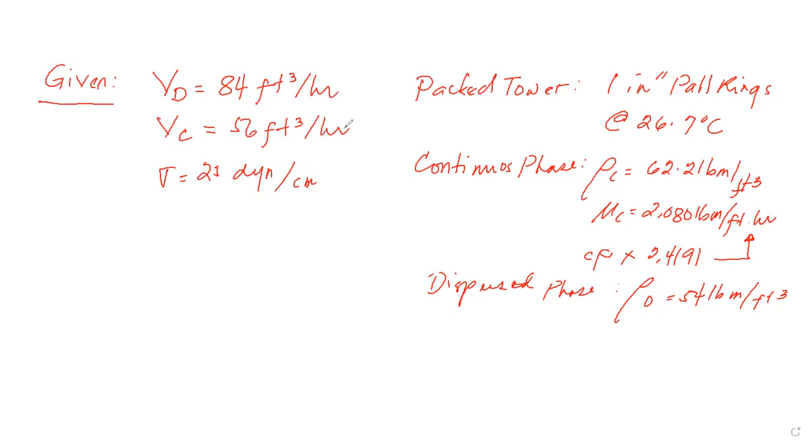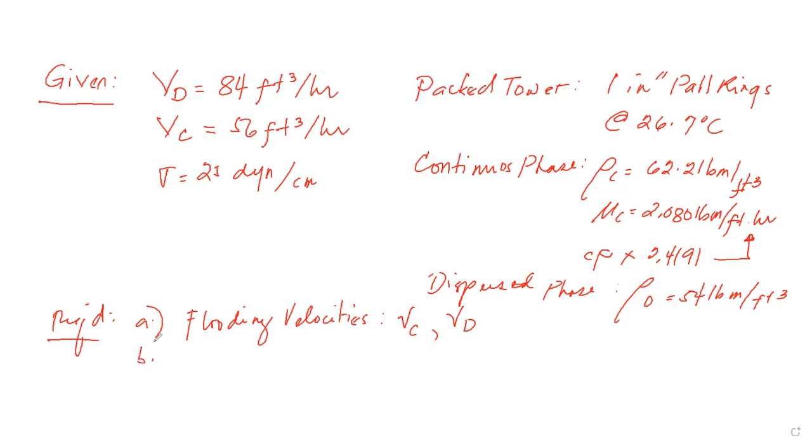Okay, so I think these are all the information stated in the problem read a while ago. And these are the required information. For letter A, it requires us to determine the flooding velocities, meaning it's asking for the V sub C and the V sub D for both phases.